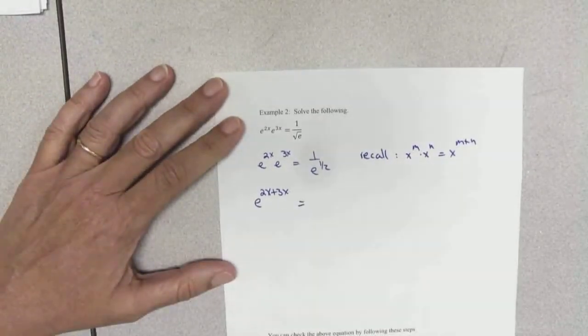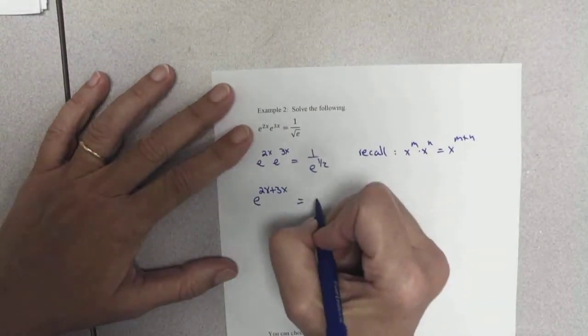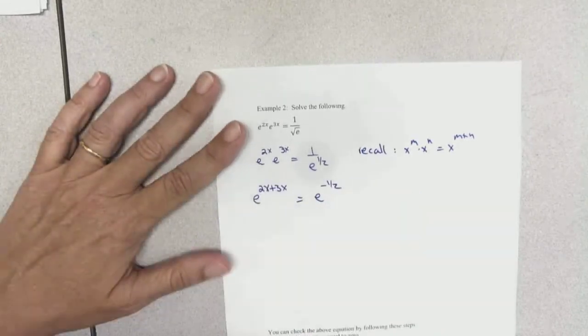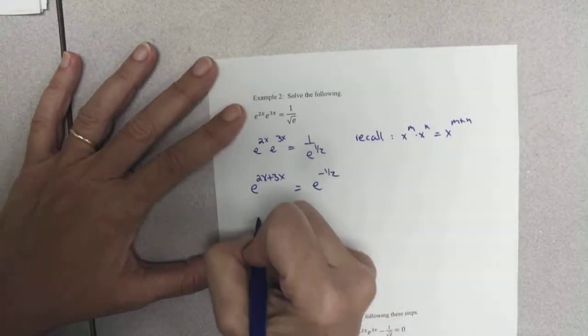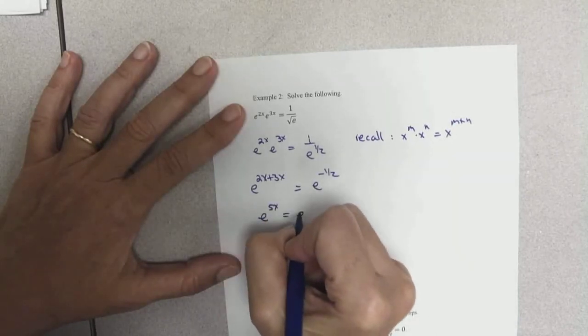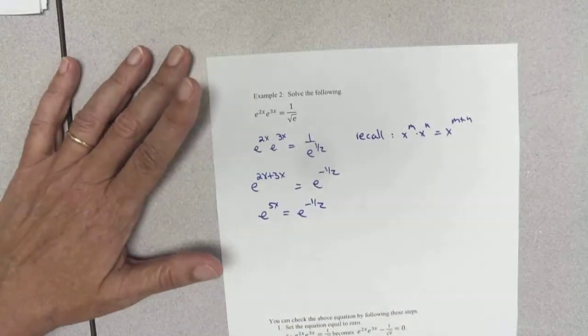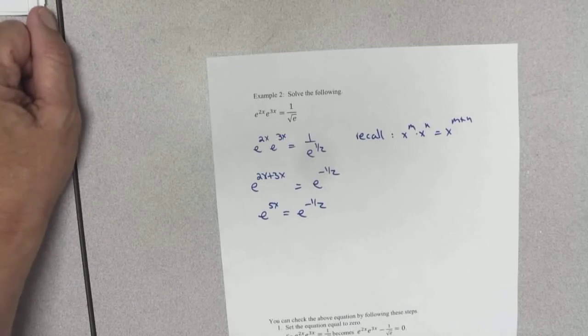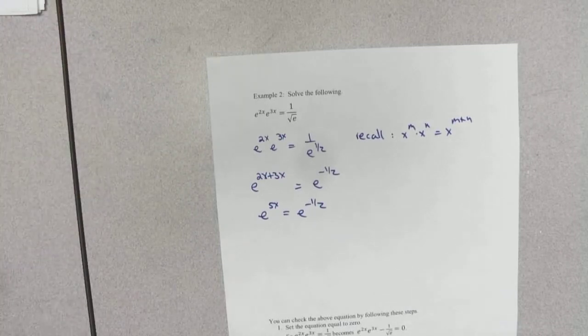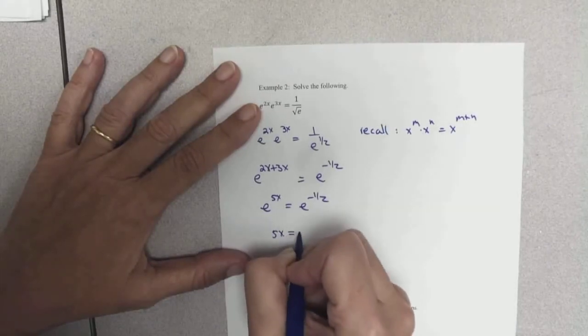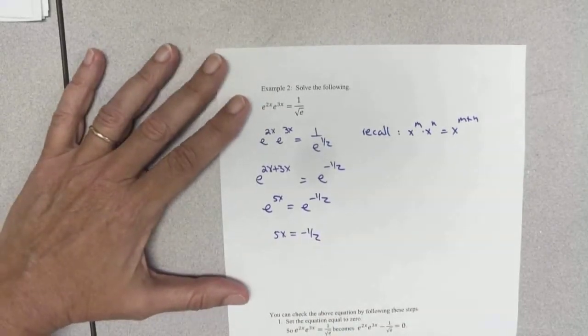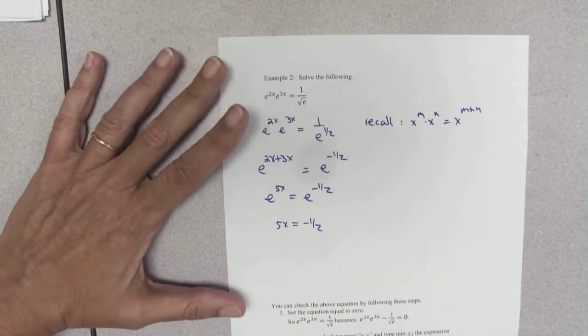And then I really don't want that e in the denominator there, so let's call that e to the negative 1/2. Negative exponents cause things to move, and I needed that e to move, so I used a negative exponent. Then 2x plus 3x is 5x. Now I have the same base, so I can equate those exponents. And then solve this.